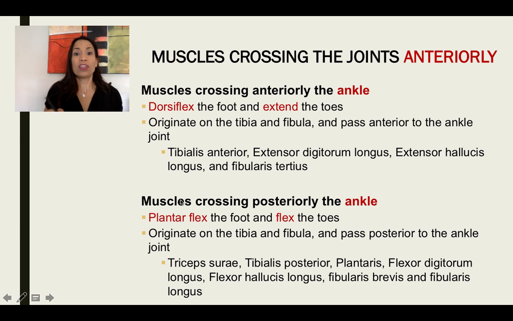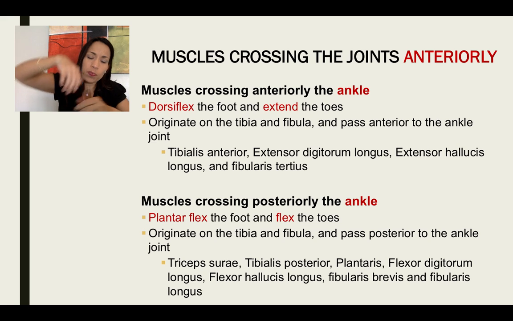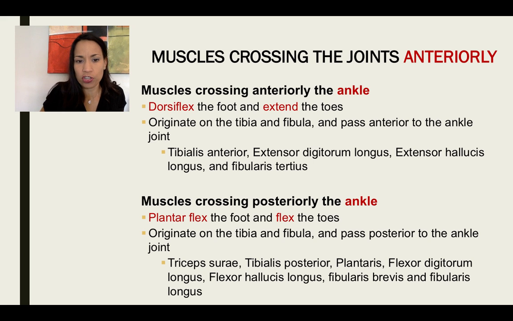The muscles crossing posteriorly the ankle joint originate somewhere on the tibia and fibula, and they pass posteriorly over the ankle joint to insert somewhere on the foot. When you contract these muscles, you perform plantar flexion and flexion of the toes.